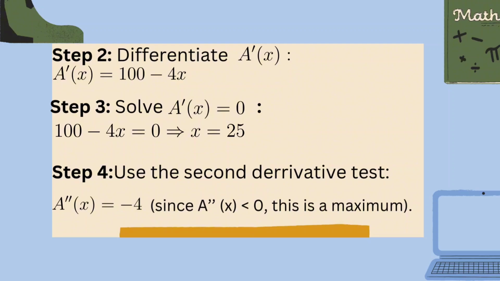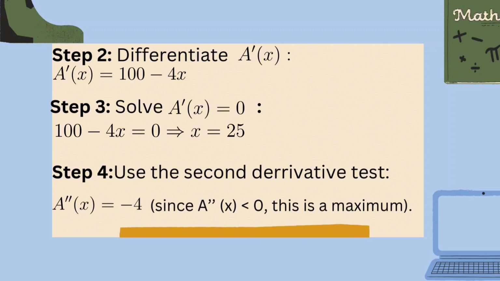Set the first derivative equal to 0 and solve for the variable. Ensure the critical points lie within the constraint of the problem. On this slide, we have 100 minus 4x equals 0. After we simplify, we get x equals 25.